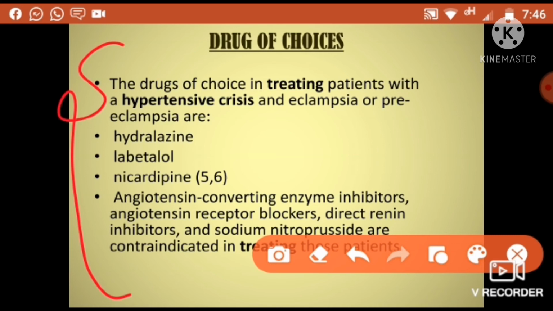Okay, so the drugs of choice in treating patients with a hypertensive crisis, eclampsia and preeclampsia. Pre means before, eclampsia means after. If a pregnant woman is suffering from seizures due to the absence of oxygen, she is suffering from eclampsia.